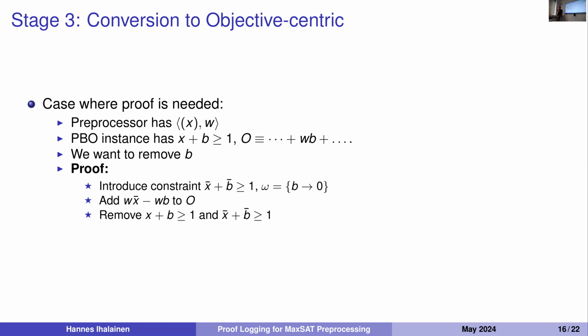Yes. And does this happen? I thought that if you have a unit clause in the input file, that the blocking method doesn't add the... Yes. So when this happens is that we had a soft clause that wasn't originally a unit clause, and then preprocessing might remove some literals and we end up with this situation.